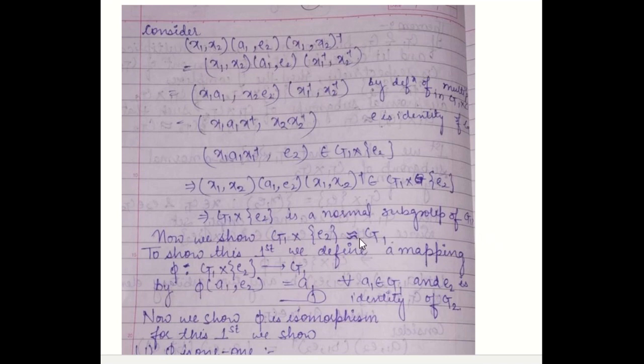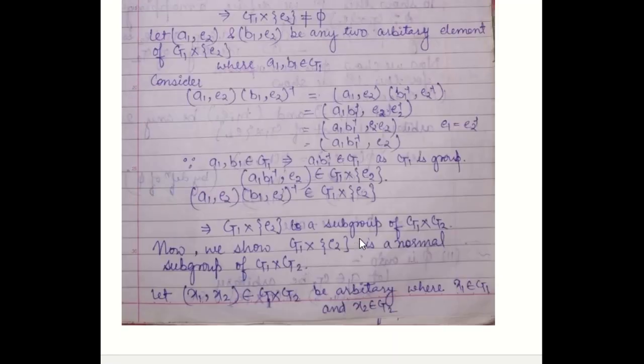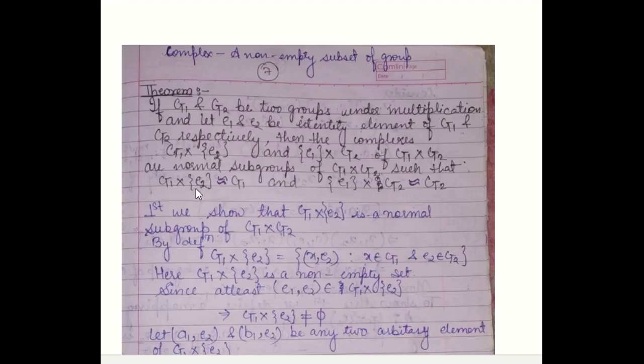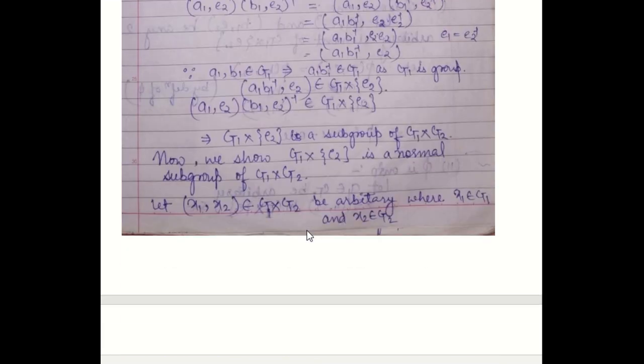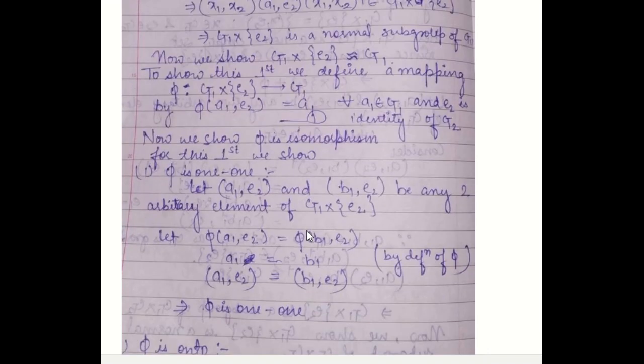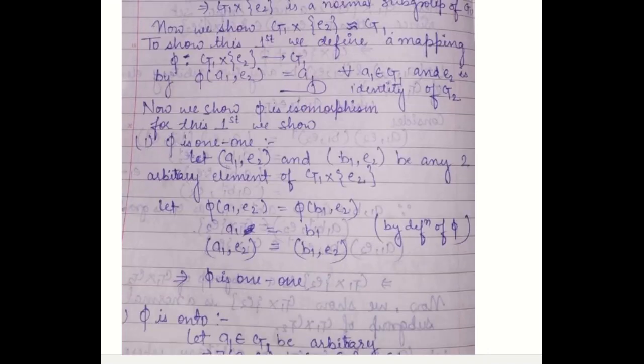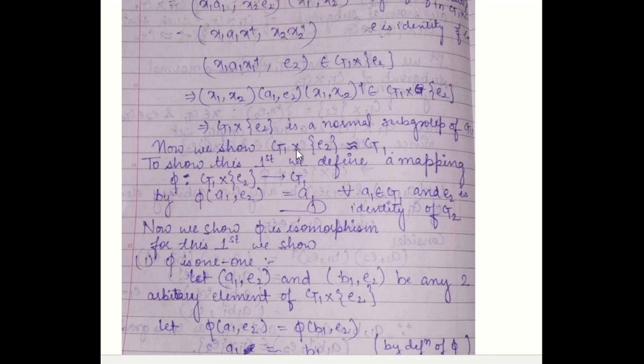Now the second thing we have to prove is that G1 cross E2 is isomorphic to G1, and E1 cross G2 is isomorphic to G2. To show the isomorphism between G1 cross E2 and G1, first we define a mapping between these two.